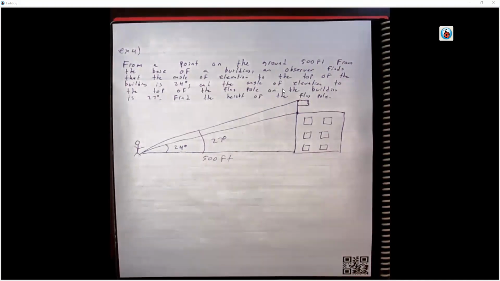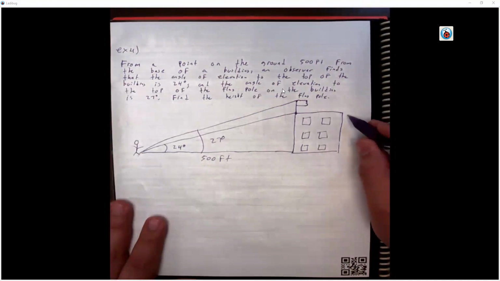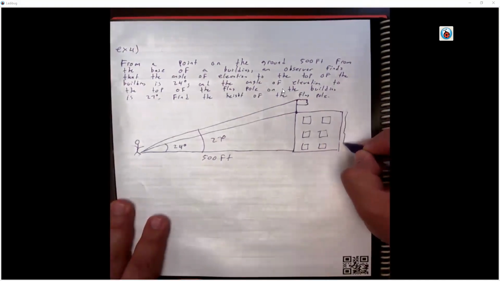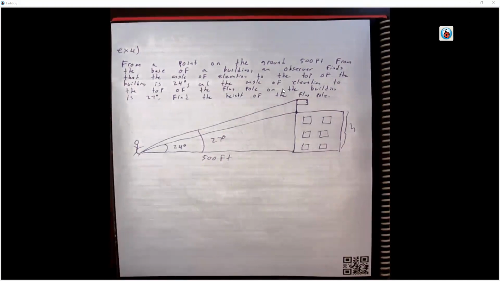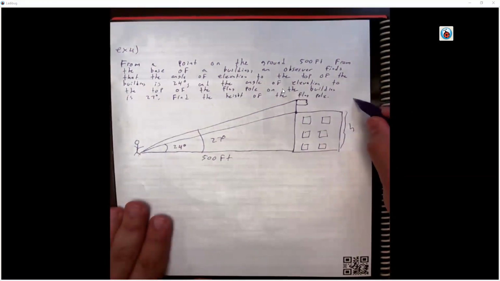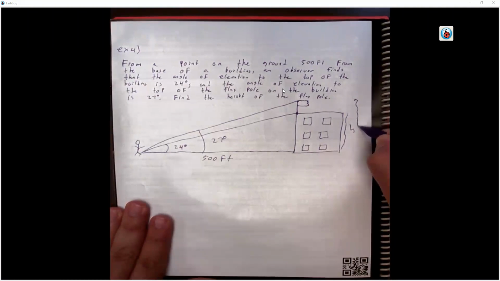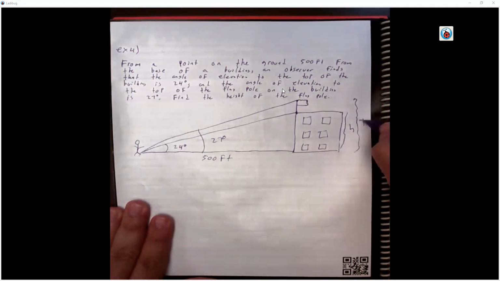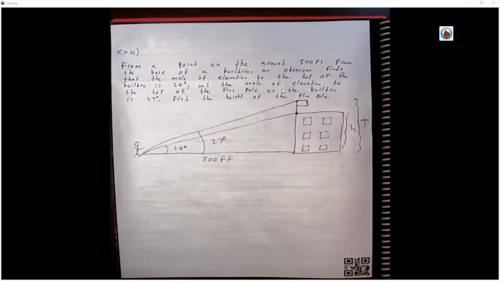Now we can figure out the height of the building. So just call this guy H, height of the building. Let's call the total, I guess, capital T. This is a little more involved, but it looks like it's going to be tangent again because we're looking for that opposite side, right?